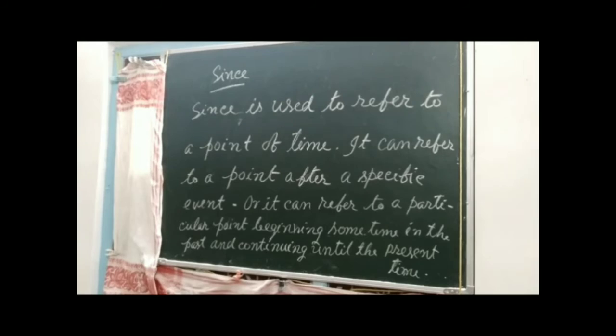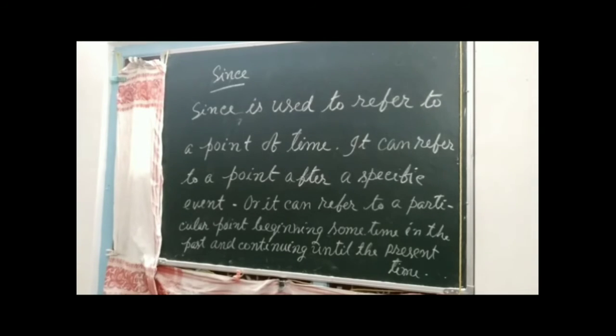That means we can take the specific point from the point of view of time, and also a specific event after a particular point of time. For example, since 6 a.m., since morning, since Sunday, since Monday, since May, like this.